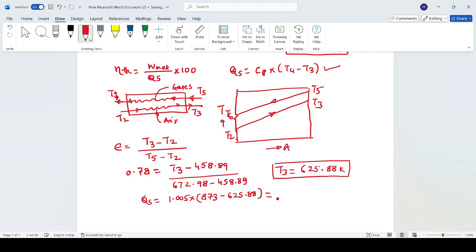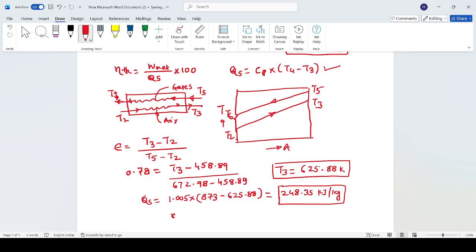So we can find the heat supplied as 248.35 kilojoule per kg. That is the heat supplied in the gas turbine cycle.